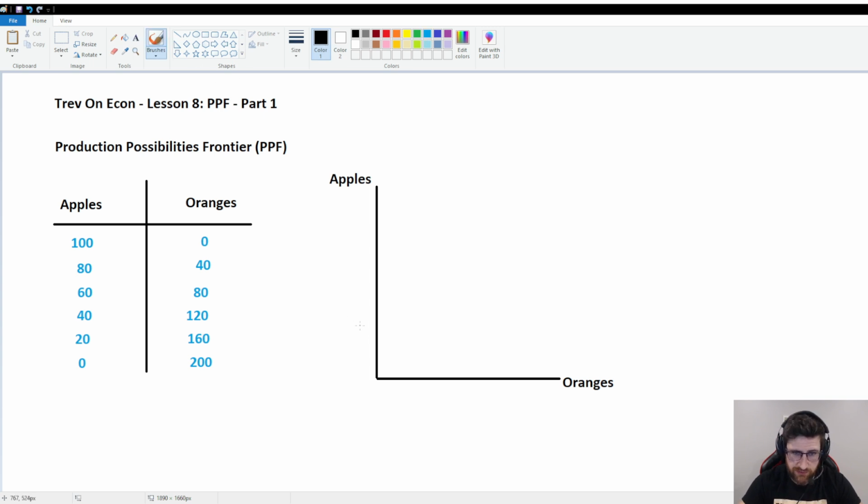So let's go try and mark some of these out. I'm going to do this very roughly. 20, 40, 80, and then same thing down here. Again, this is going to be a rough graph, but hey, we're not really going to be doing many precise graphs.